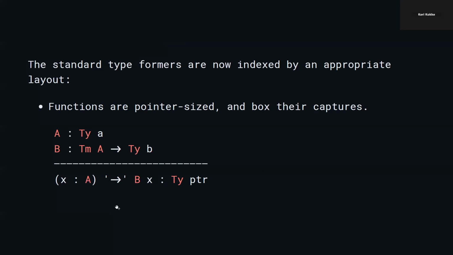So if A is a type for layout small a and B is a family of types for layout small b, then the function from A to B is going to be a pointer sized type. And here, crucially, the small b cannot really depend on the input of the function, right? So this is a dependent function, but it has to be uniform with respect to the memory layouts.